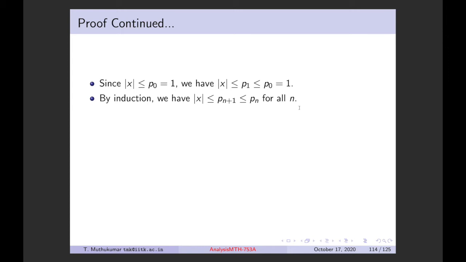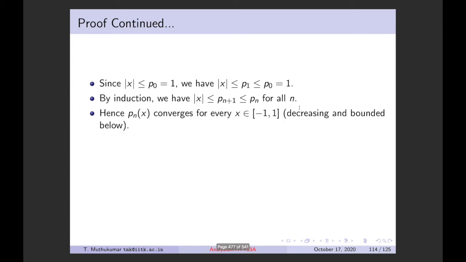So we have a decreasing sequence of functions which are bounded below by mod x. Once you fix an x, it's just a decreasing sequence of real numbers bounded below by mod x. So it converges, and this happens for every x in this domain.